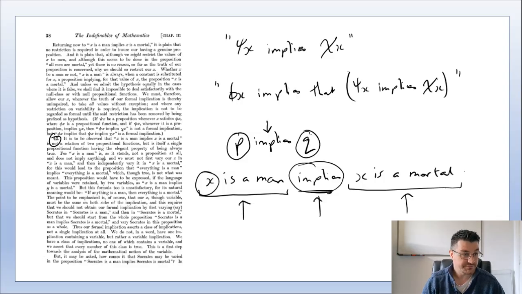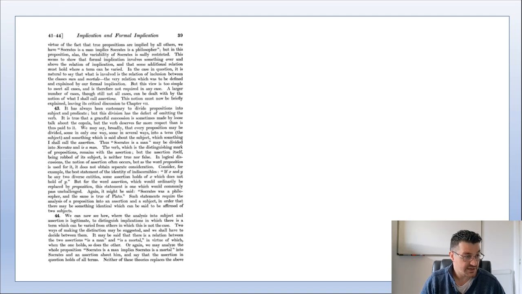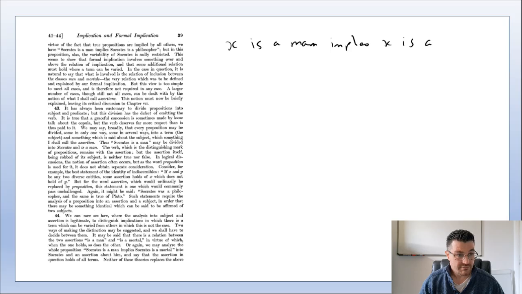So, in other words, I'm going to go on to the next page, actually, so it's coming up anyway. So, when we've got X is a man implies X is a mortal, then effectively what we have corresponding to this is a class of implication, a class of material implications.